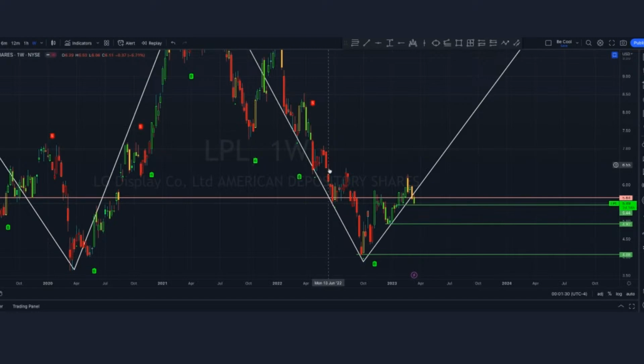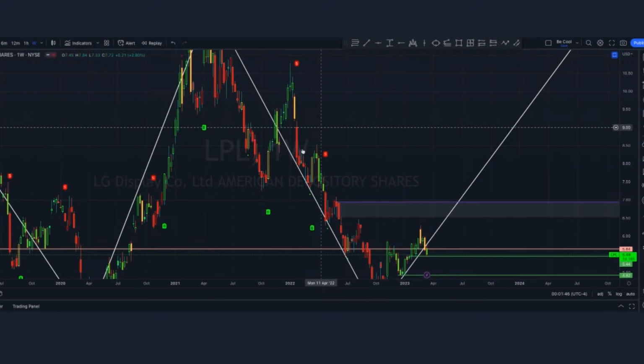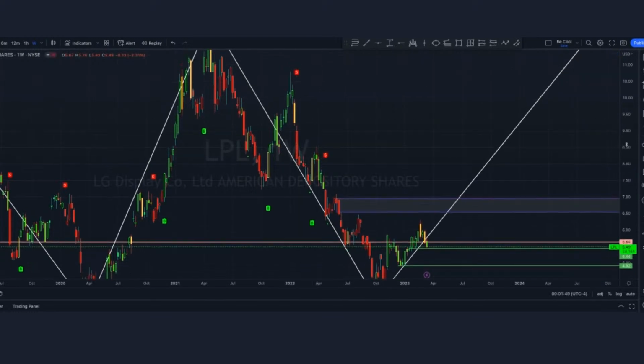You have all these nice imbalanced candles right here, especially this one, right? Easy money. I don't know if they have options.